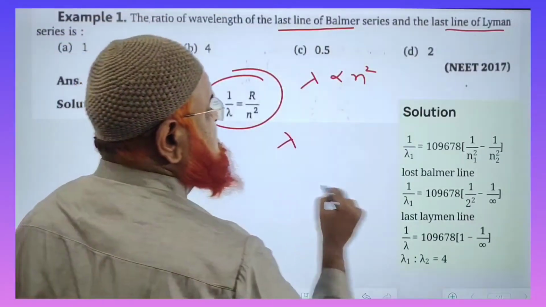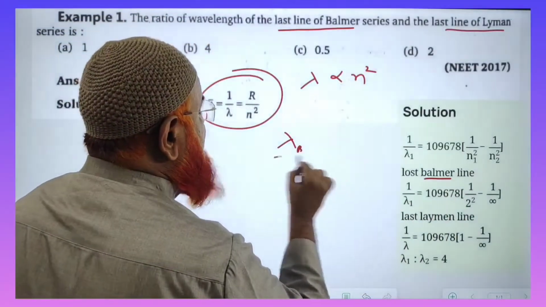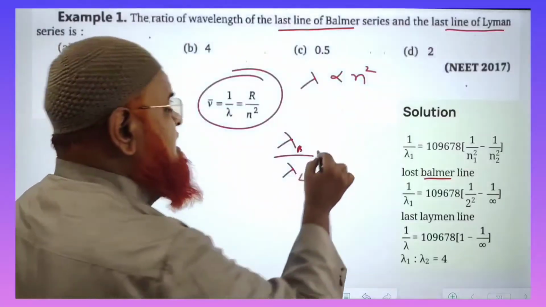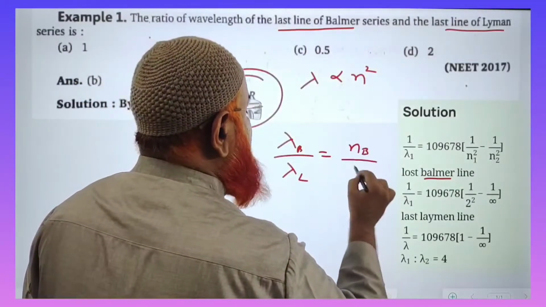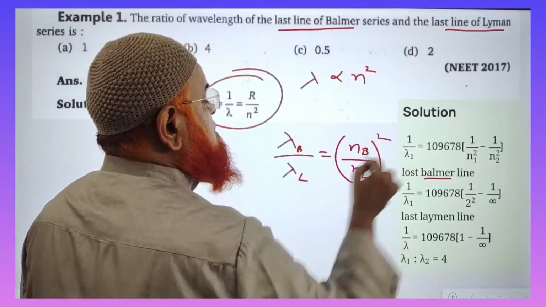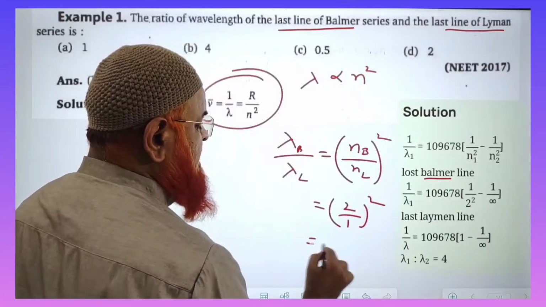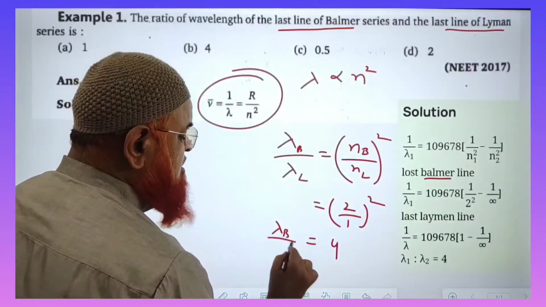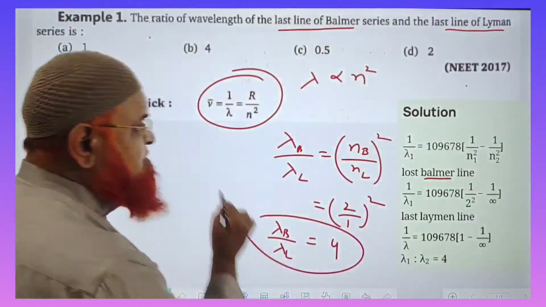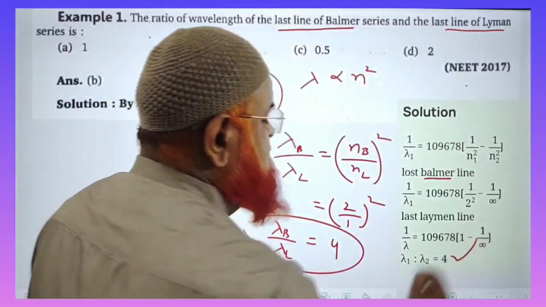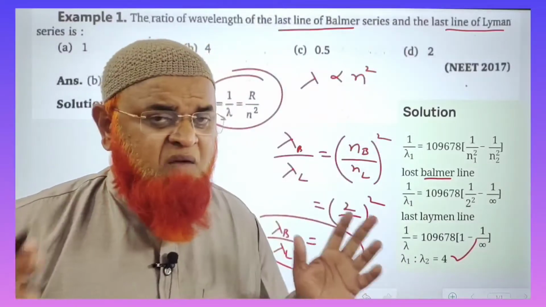So lambda Balmer by lambda Lyman is equal to n Balmer by n Lyman whole square. n Balmer is 2, n Lyman is 1, whole square. So 4. So the ratio of lambda Balmer to lambda Lyman is 4. Such a simple shortcut method it is.